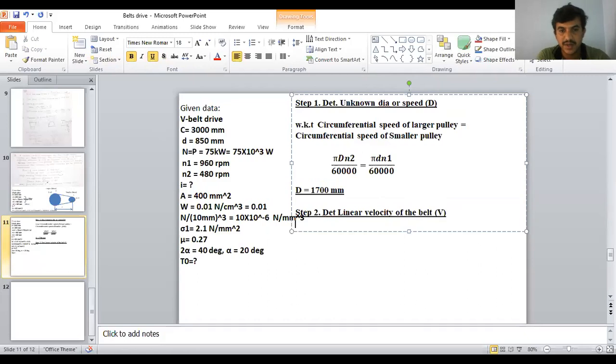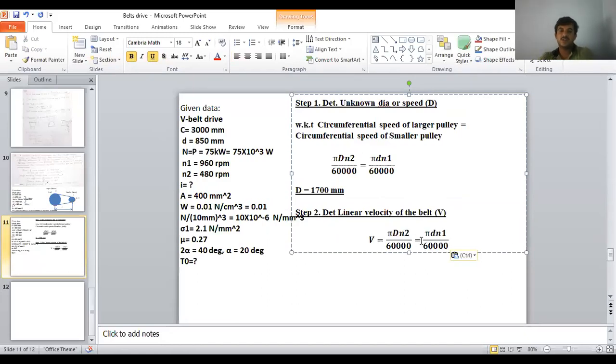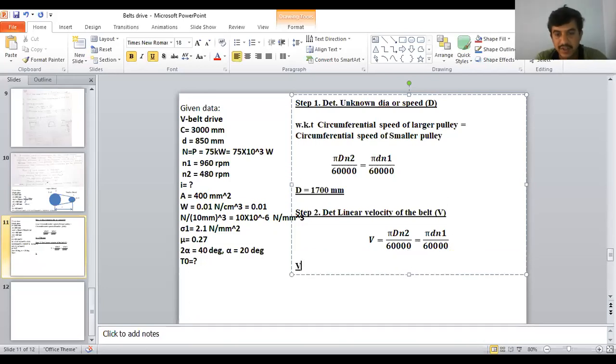Linear velocity of the belt, V is equal to pi dn by 60,000. Just substitute. Now tell me what is the value. Sir, V will be 42.72 meter per second.